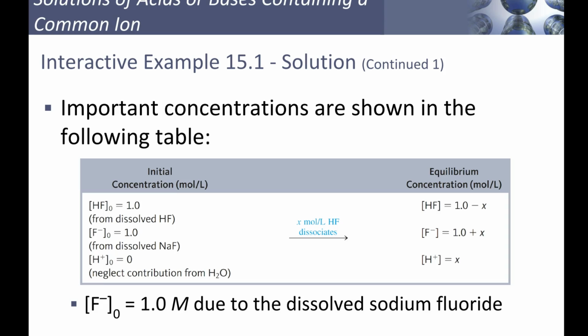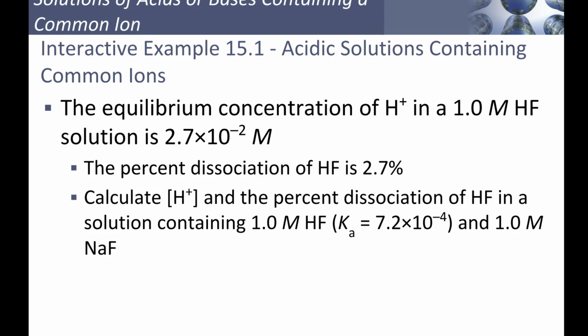Ice table. So HF initially is 1 molar. Fluoride is 1 molar. So remember how we always put zeros here? You see how fluoride now is 1? Why? Because what did you start with? 1 molar of HF and sodium fluoride.